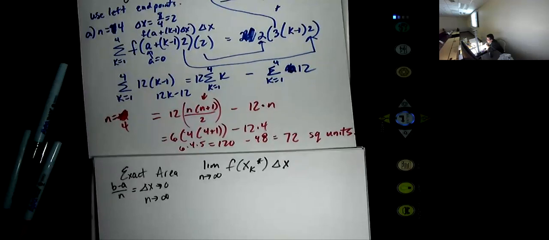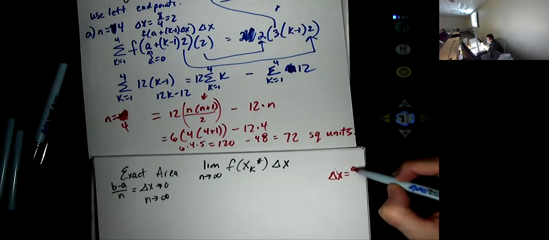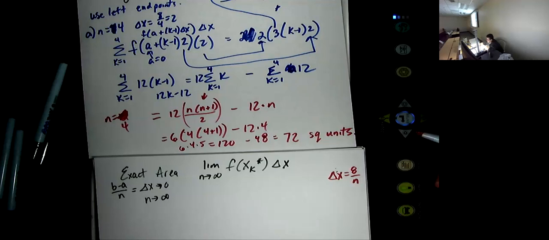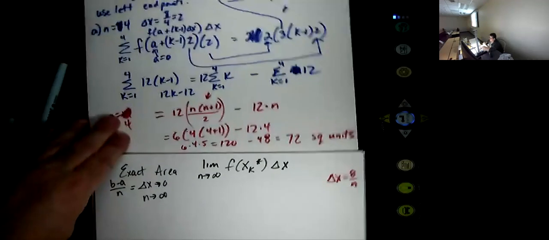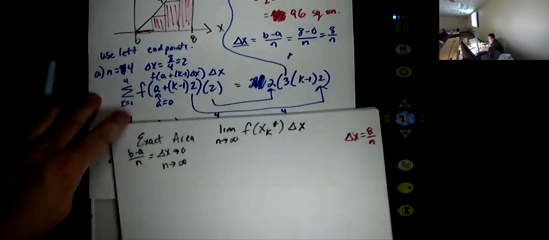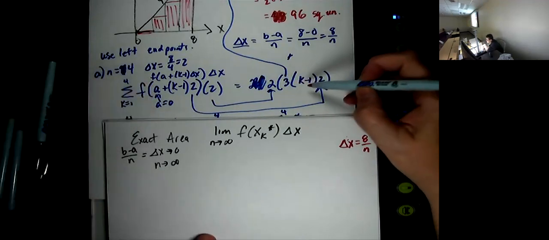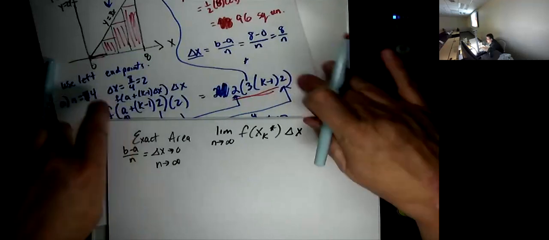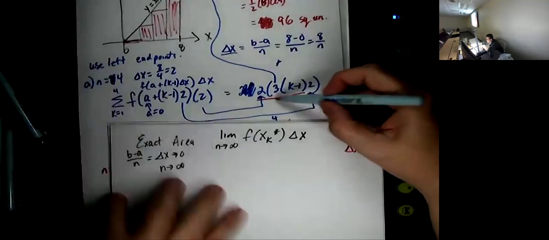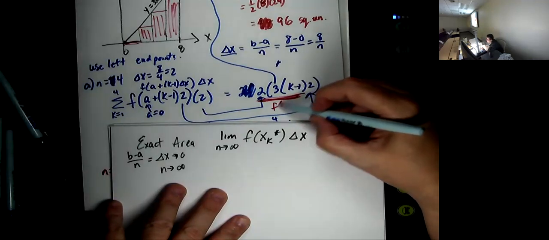Let's apply that here. We had delta x was 8 over n. If I come up here and see what we had, this part right here was the f of x.